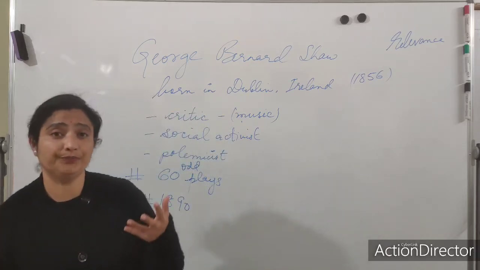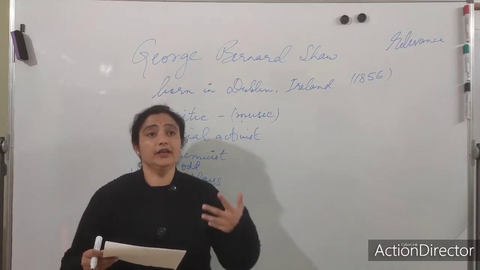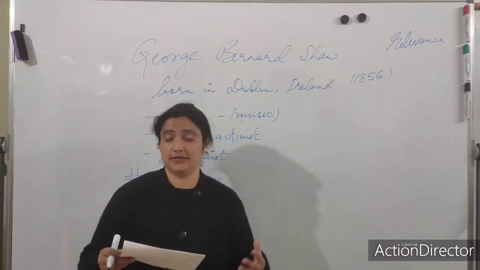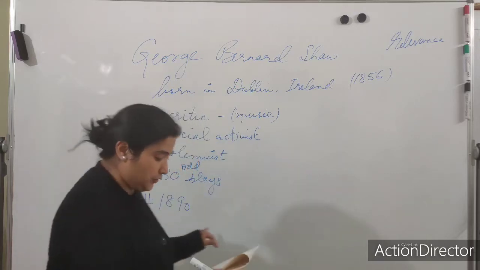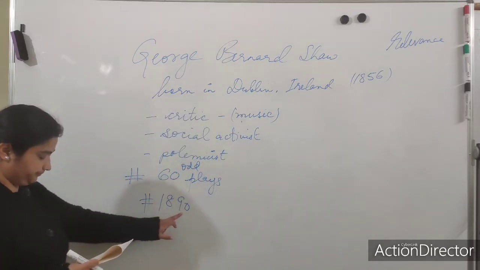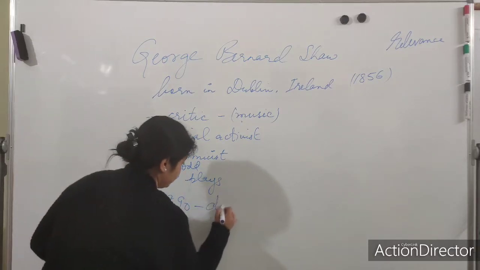And he was also a critic of essay writing, right? Then he also tried his hands in novels, but his novels failed outrightly. It was only in 1890 he started writing drama, right?